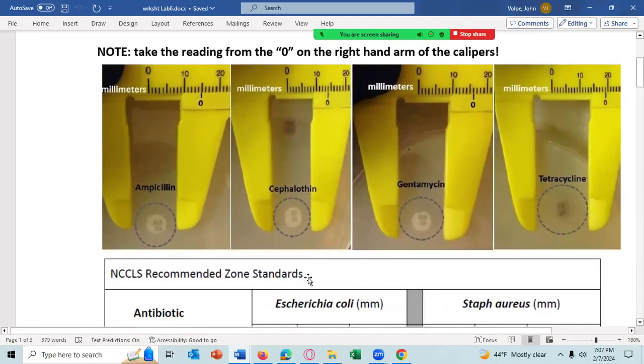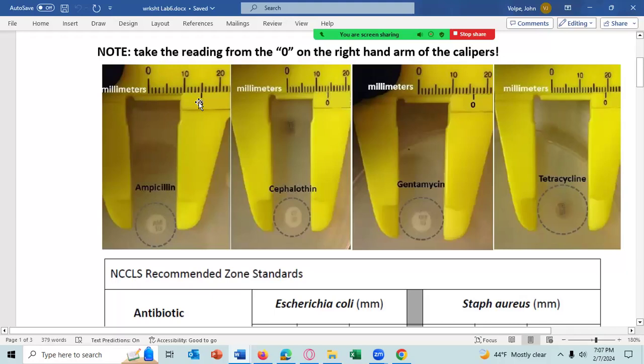You do not read a caliper that way because if you notice, the measuring does not start here. It starts there. And so you read the caliper from 0 to 0. And so we read it as here. That's really close to 15.